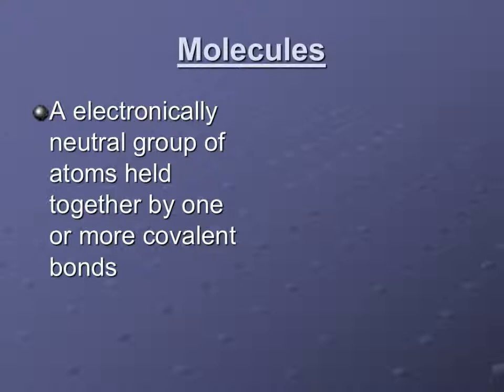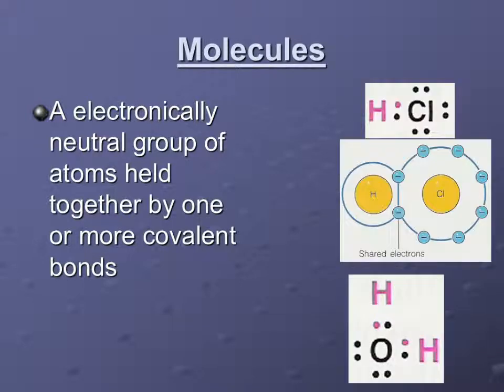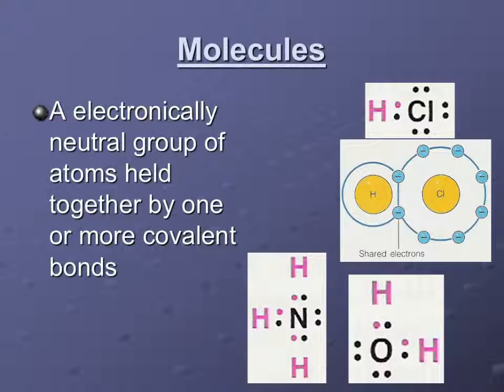You don't have to draw these, but here are some pictures of some molecules. What do we notice about the atoms or the elements that are in molecules? What kind of elements are in molecules? Non-metals, right? Why?